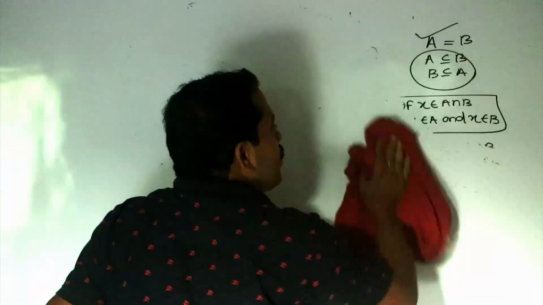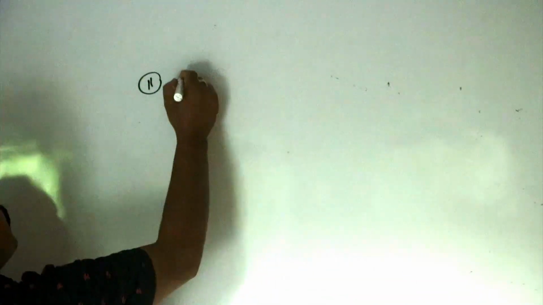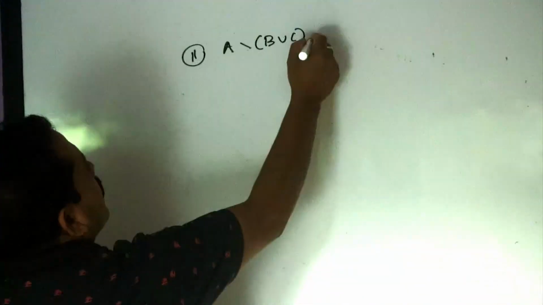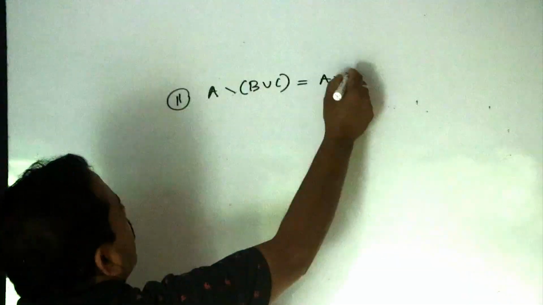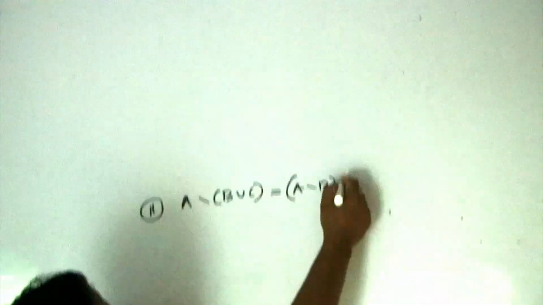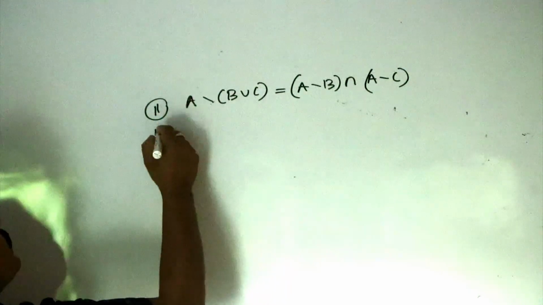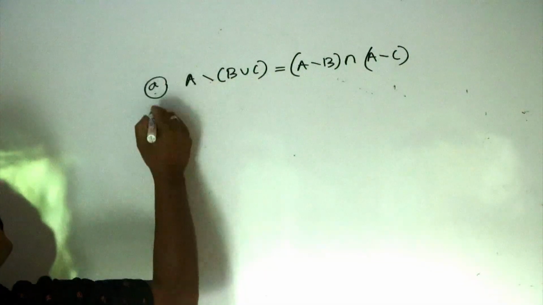Some problems you have to solve by the method of algebra. Next, A difference B union C equals A difference B intersection A difference C. First bit.